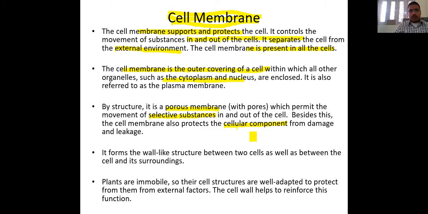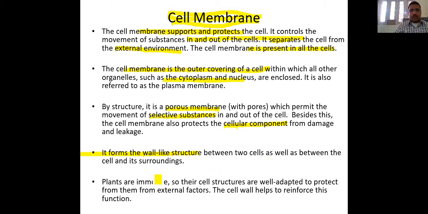Now it forms wall-like structures. The cell membrane gives a structure that looks like a wall between two cells as well as between the cells and their surroundings.